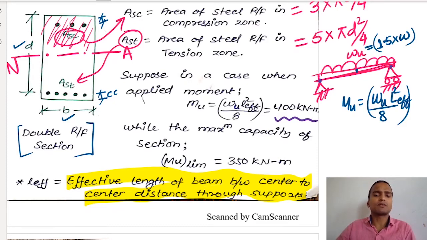We have discussed the formula of Mu limiting in our previous video, and if you calculate using all the dimension values, you get 350 kilonewton meter.